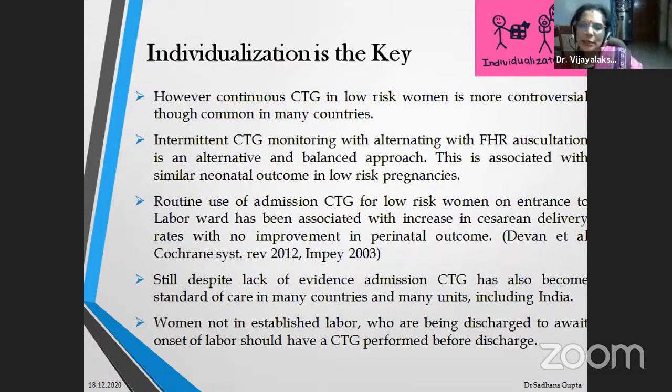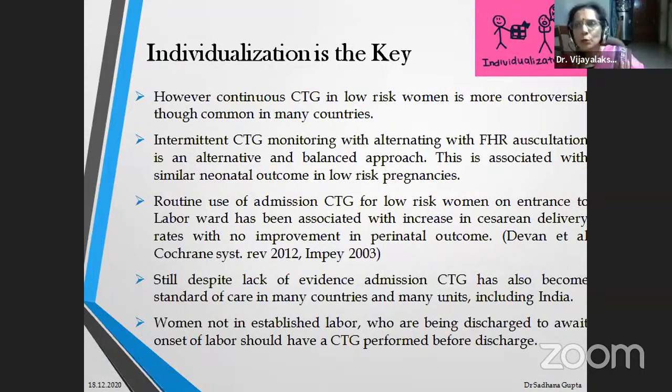Otherwise, we don't interpret or interfere unnecessarily. Our cesarean section rate is quite modest, and it's not just because we see a little bit of beat to beat variability difference or a lack of acceleration that we take up. We give enough time, and ask her to come again. Sometimes they come without eating anything, so sometimes that also helps. They have some food, get back and then we do it.